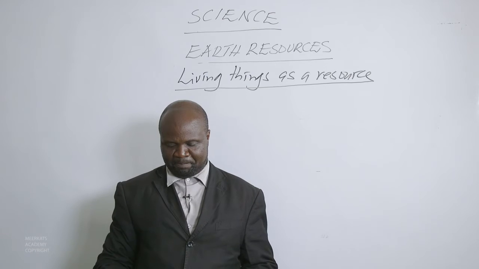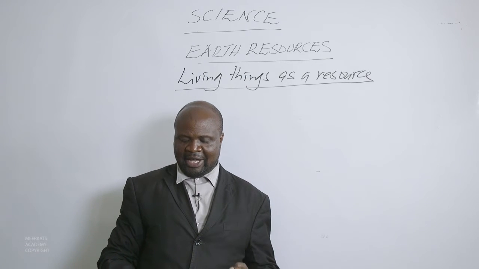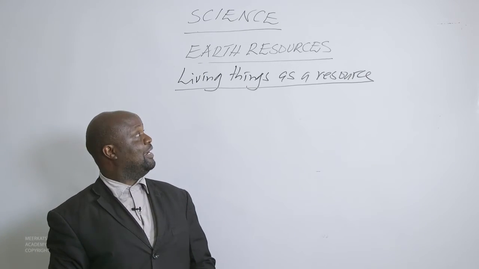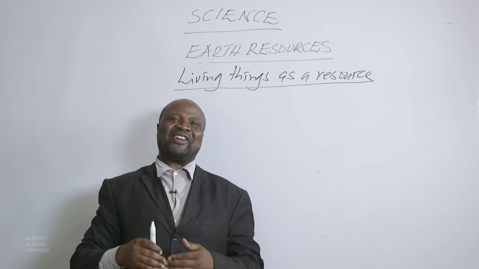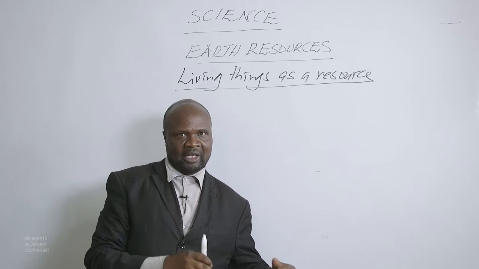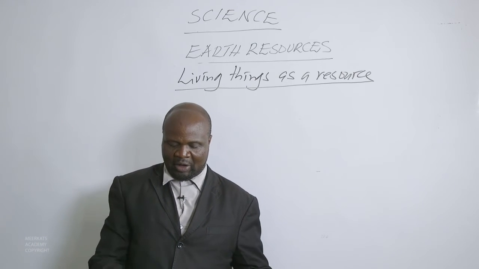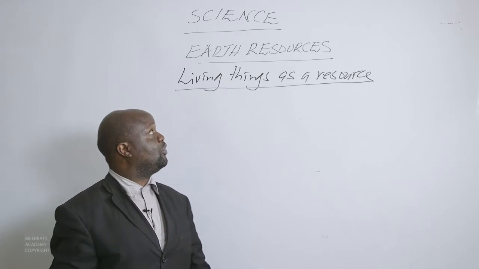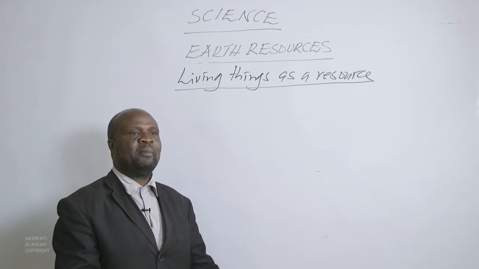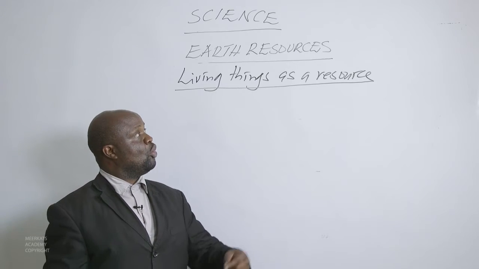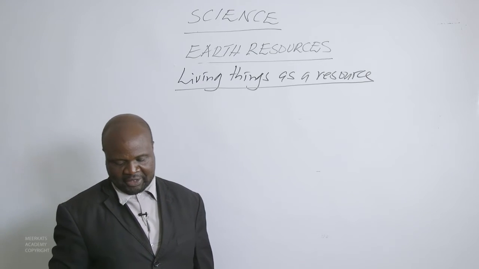Living things are a resource for humans and other organisms. We are saying living things are a resource for humans and other living things, meaning other organisms. Human beings will depend on these living things, and other living organisms will also depend on them.